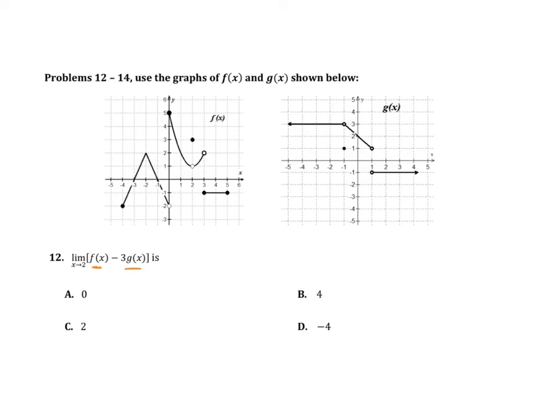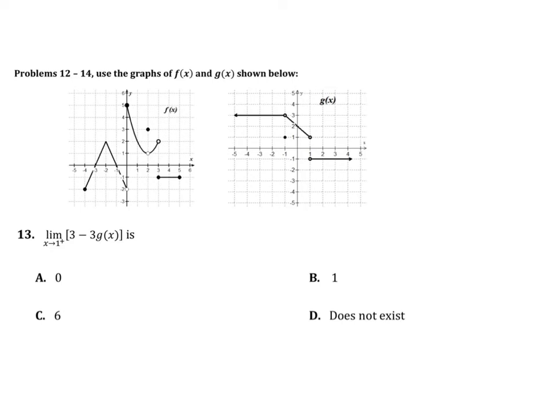So looking up here, the limit as x approaches 2 looks like it's going to be a 1, and then we have minus 3 times, and now the limit as x approaches 2, over here at g of x, it looks like that's going to be right inside here, so a negative 1. So we're going to get 1 plus 3, so it looks like we're going to have 4.